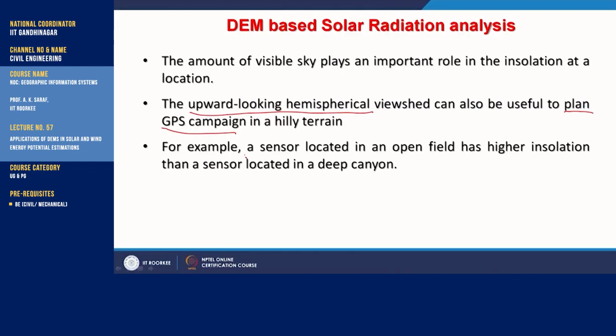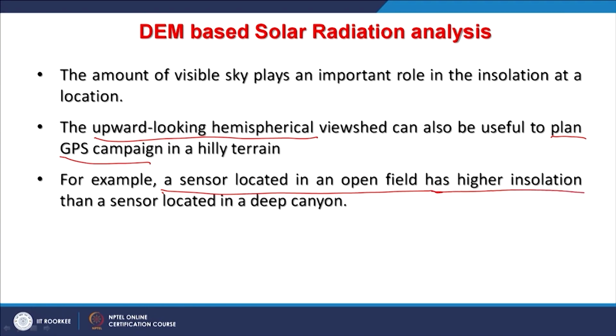A sensor located in an open field, like in the case of GNSS, has higher insolation than a sensor located in a deep canyon. Instead of a sensor, one can have a solar panel, which is also in many ways a receptor. It receives solar energy. So, if it is kept in an open area, definitely more energy will reach that sensor, receptor or device.